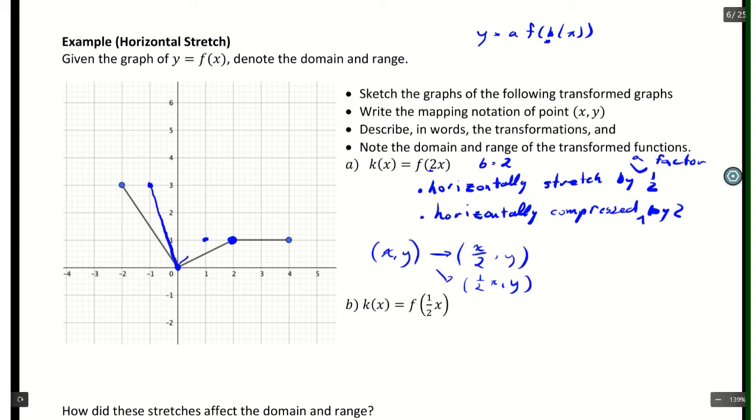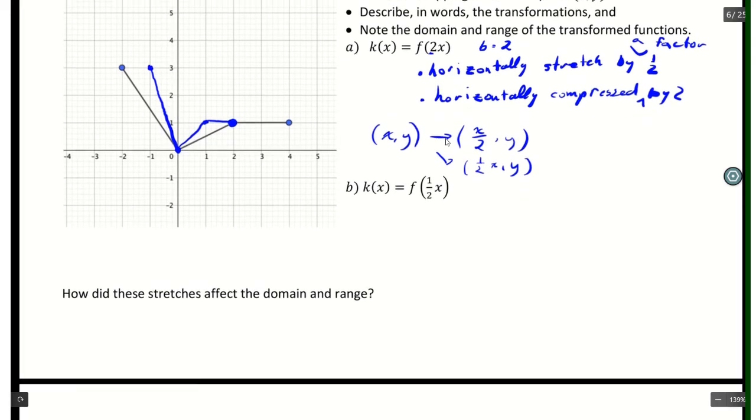That's what this graph looks like. Sorry, I said compressed because to me this is a compression, making smaller. However, it is still fair to say stretch. So I stretched it by a factor of a half, or I compressed it by a factor of 2. All right, let's move on to the next example.